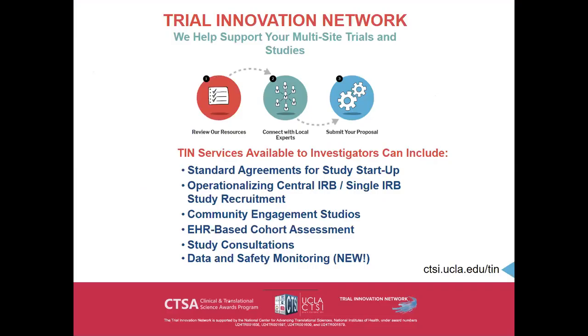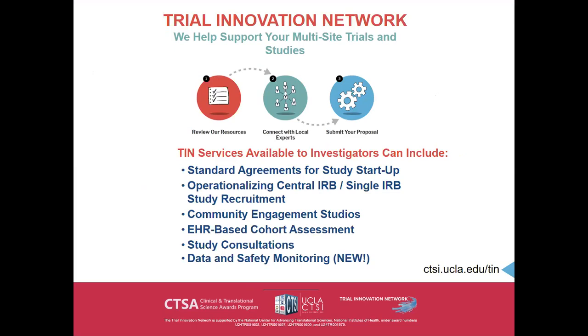So a little bit more detail on the Trial Innovation Network. This is available through the CTSA consortium through NCATS, and every CTSA, including ours, has a Trial Innovation Network liaison who can help connect you with experts for anything from standard agreements for study startup, to help operationalizing and implementing single IRB, and study recruitment.